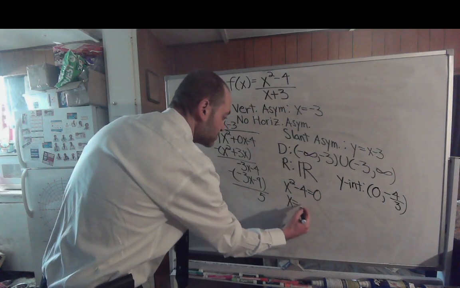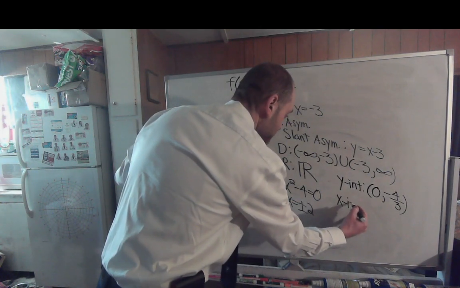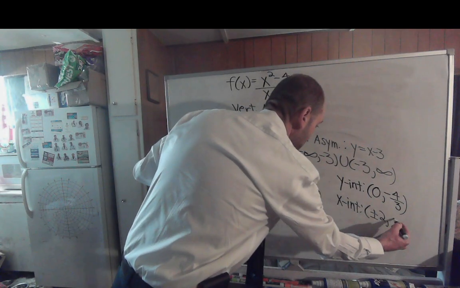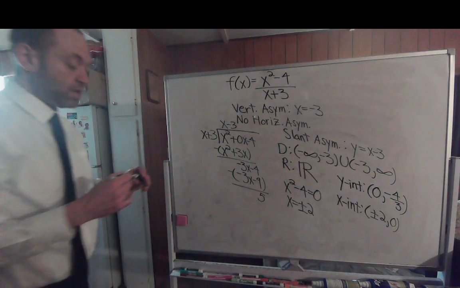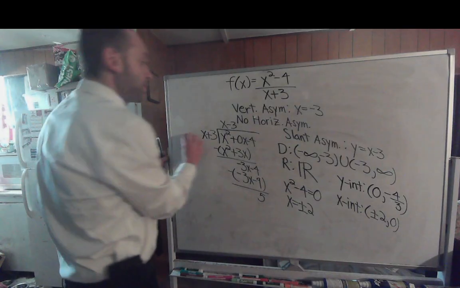You get x equals both plus and minus 2. So you have x-intercepts at (±2, 0). We'll do more with slant asymptotes.